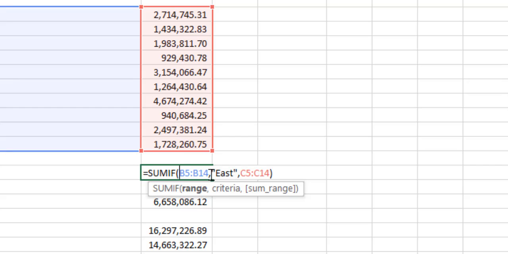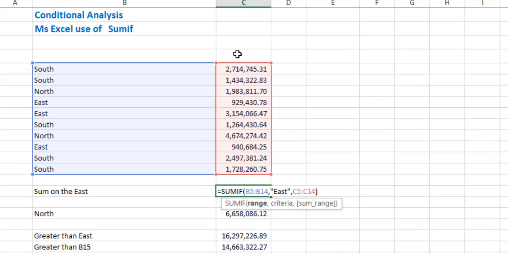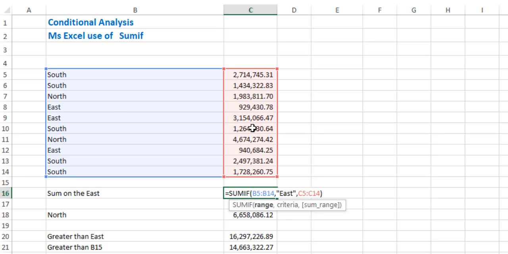We told Microsoft Excel that in this range, locate the East, comma C5:C14, which is written in red and indicates this red side, and in this data find the East side and then get the total. So with the help of this formula, if this side is East, then take the value and total it.